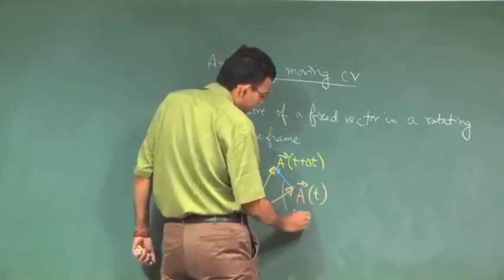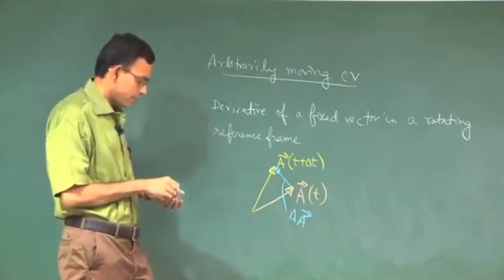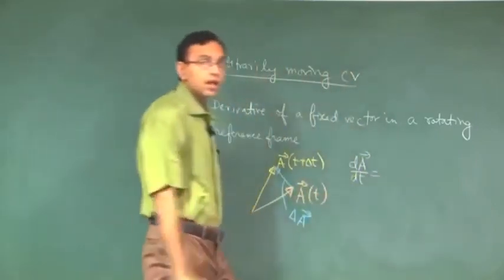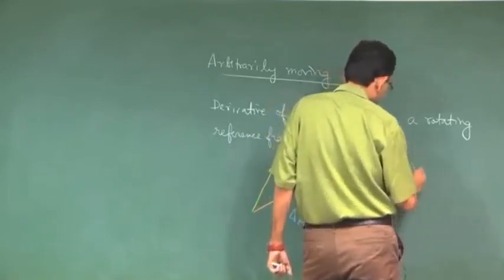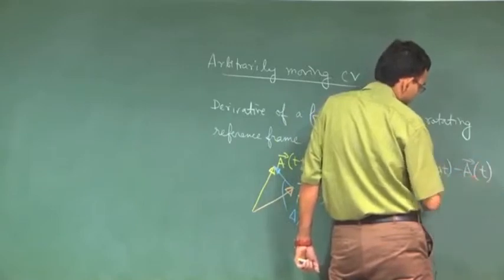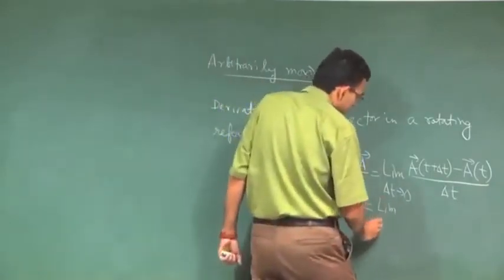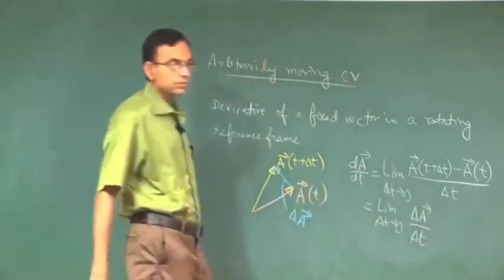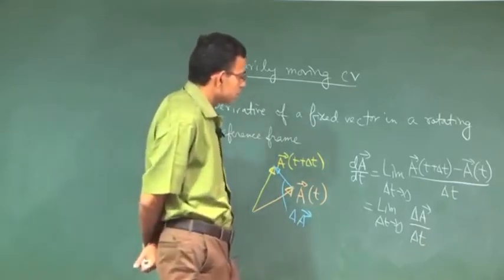So the change in the vector is this one, delta A. This is nothing but the triangle law of vector addition, by which you see the change as this delta A. So dA dt will be the limit as delta t tends to 0, okay.